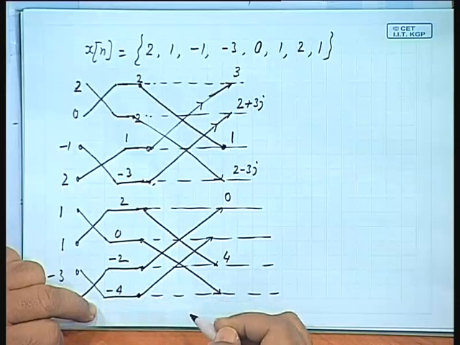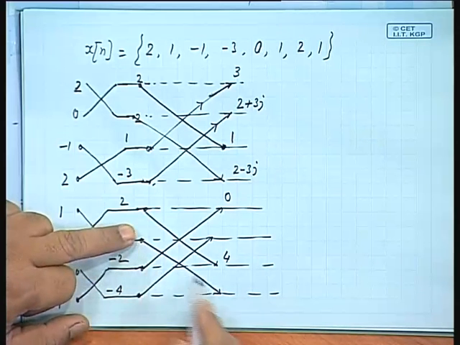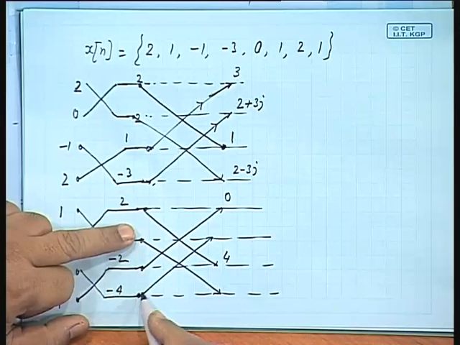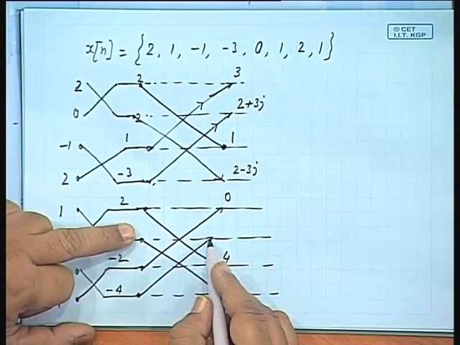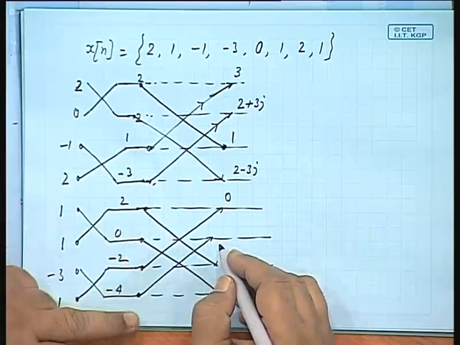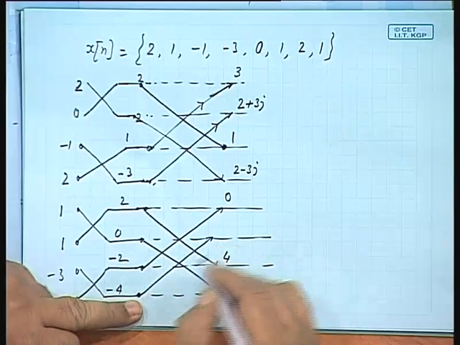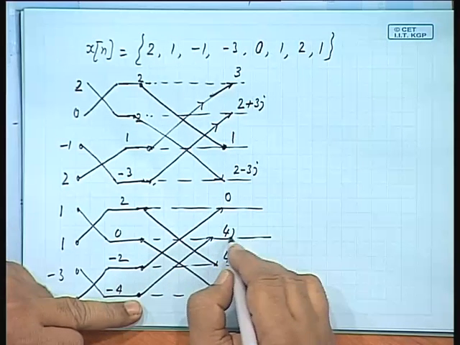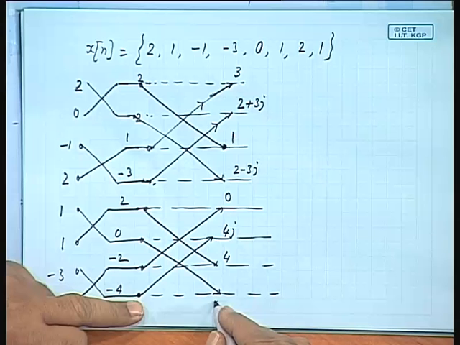And then 0, this is 4 multiplied by minus j, all right. So, 0 minus of 4 into minus j, that becomes plus 4j, is that all right? So, this one will be minus 4j.